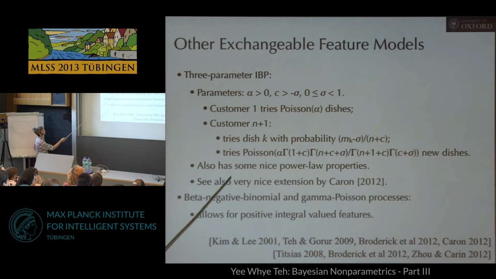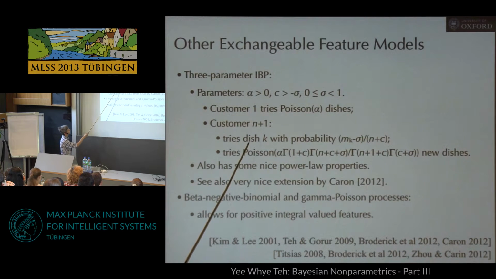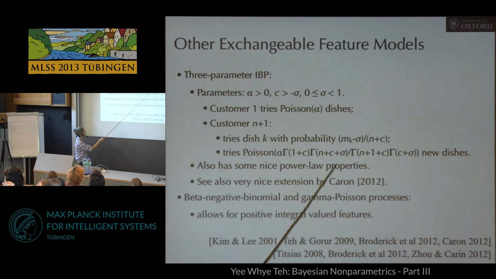The generative process looks very similar: the first customer tries a Poisson number of dishes, and then subsequent customers try the existing dishes with some probability, and try a certain Poisson number of new dishes. The formula here is a little bit complicated, but it works out in such a way that you can show that this is still exchangeable.